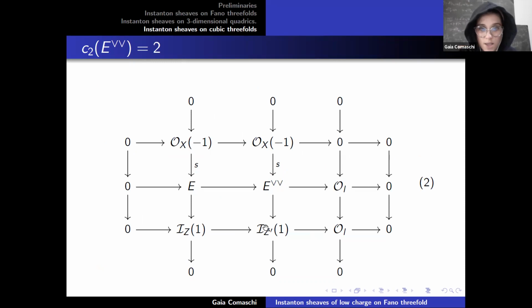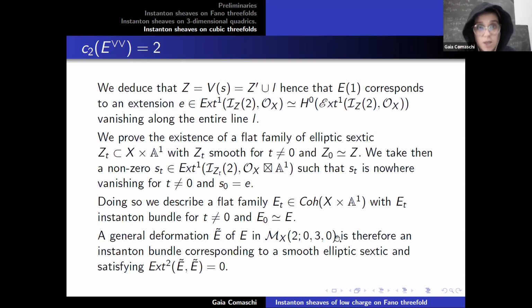Since if these two are disjoint we don't have an epimorphism, we understand that our scheme Z must be an elliptic sextic, that is the union of the elliptic quintic Z prime plus the line L, and these two must meet at a point.